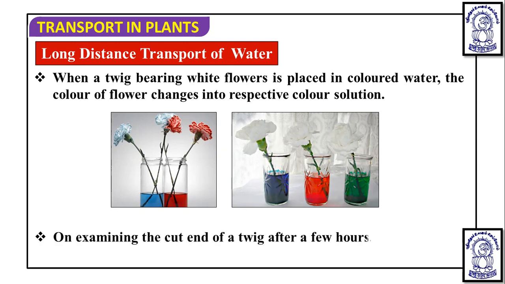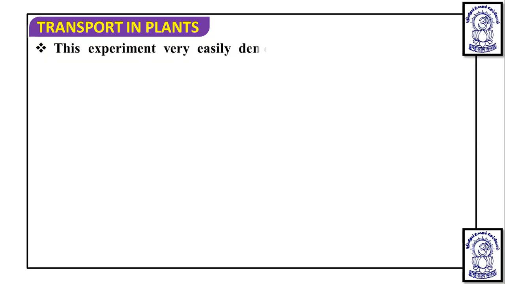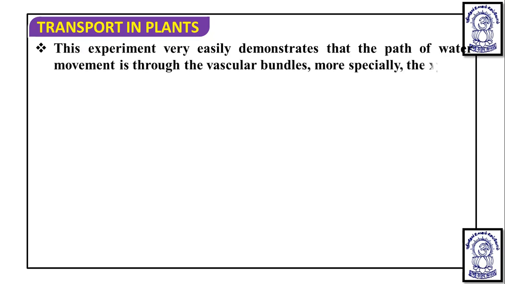On examining the cut end of the twig with the flower, after a few hours you will notice the region through which the colored water moved. You can observe the cut section and see the region through which the water was absorbed. So this experiment easily demonstrates that the path of water movement is through the vascular bundle, more especially the xylem.